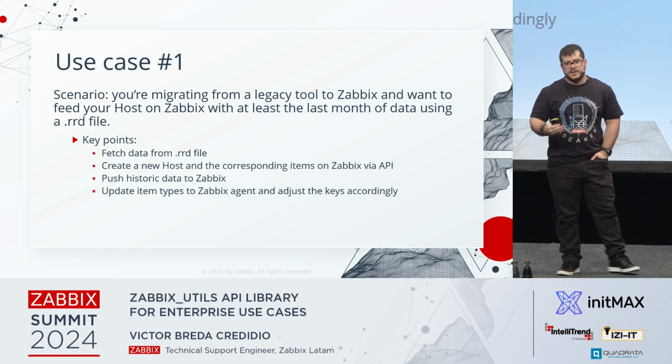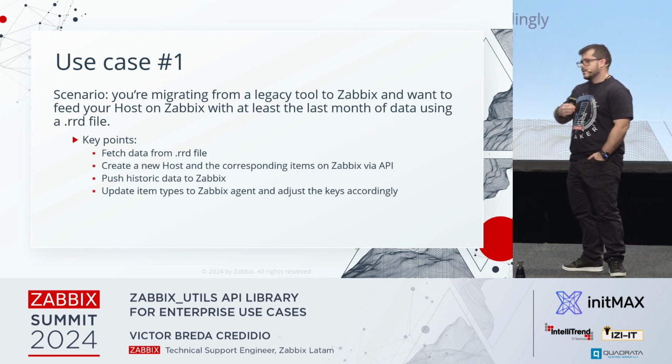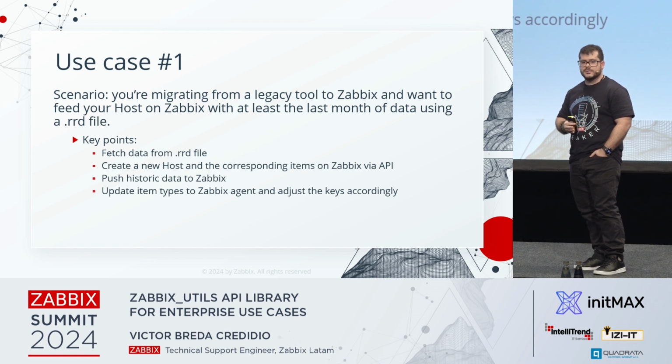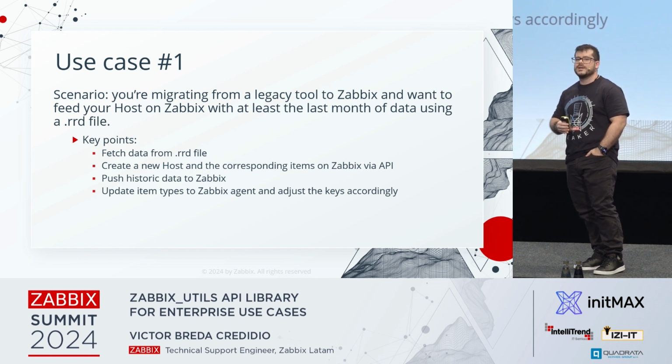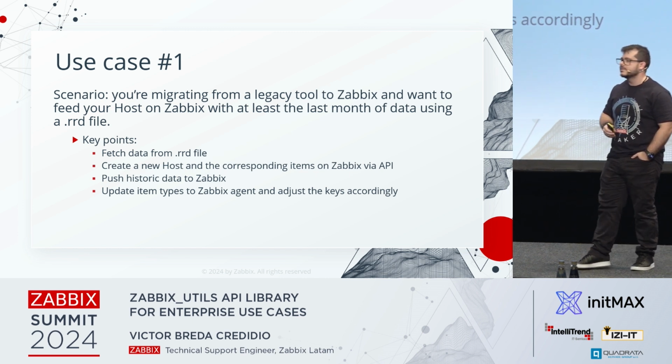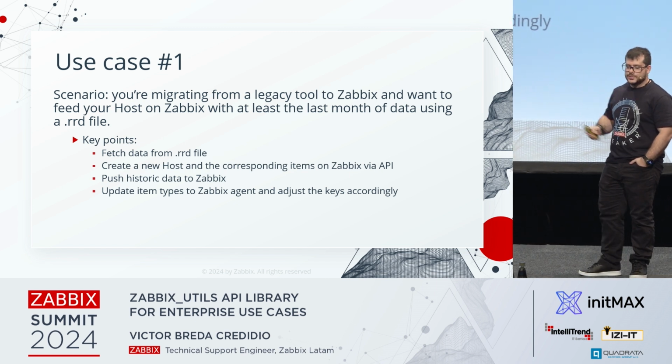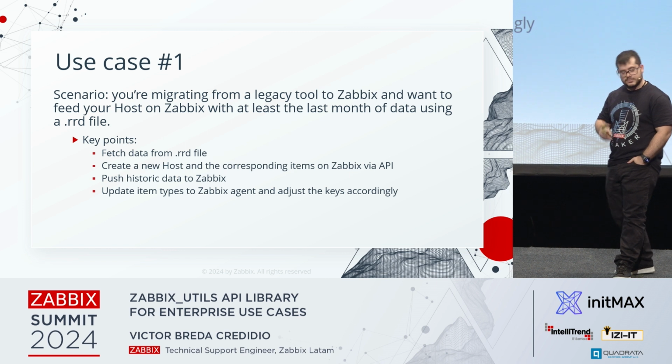And he was asking how we can transfer this from RRD, he has worked with RRD files? Round Robin Database, used by legacy tools. Not as good as Zabbix. Just saying.